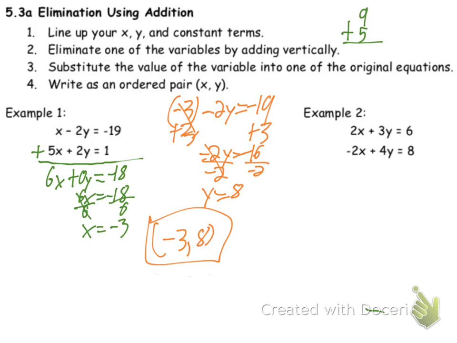If you look at these two equations, when we added, we got rid of one of the variables. We eliminated one of the variables. What variable did we eliminate? Why did the y's eliminate here? Why didn't the x's eliminate? They're the same number but opposite signs.